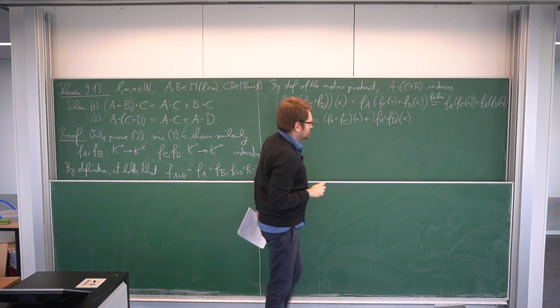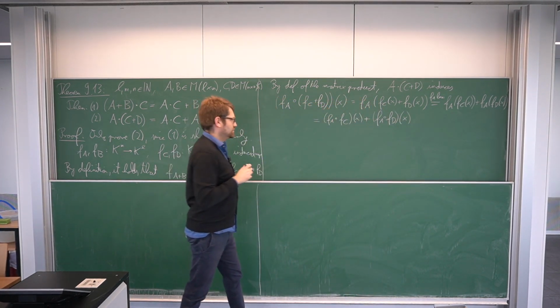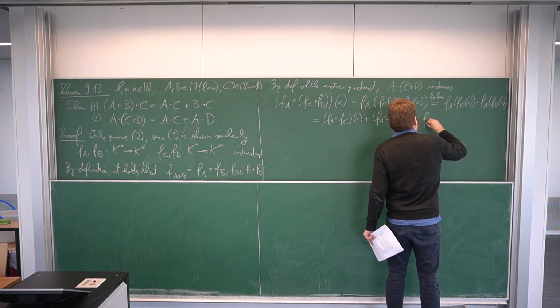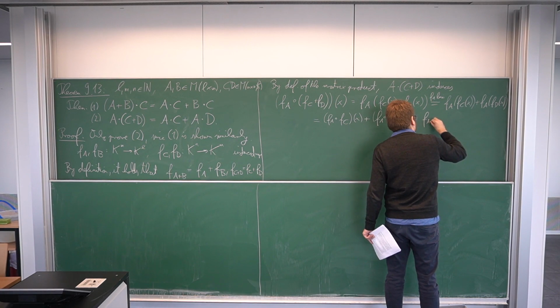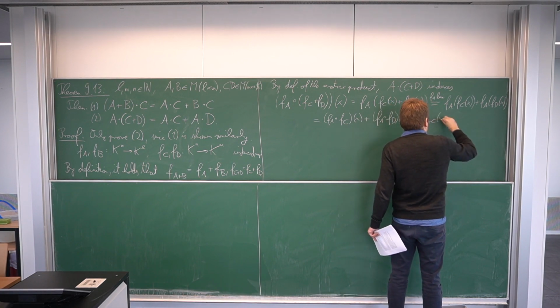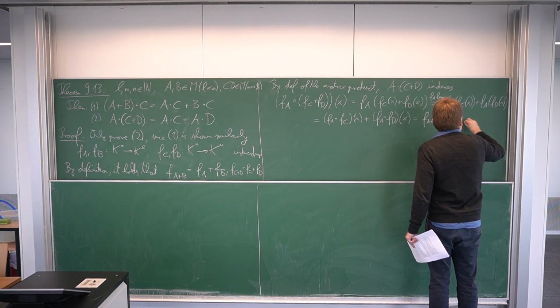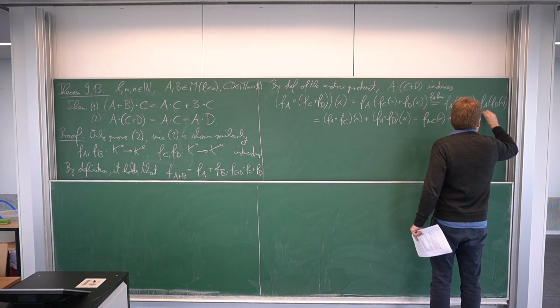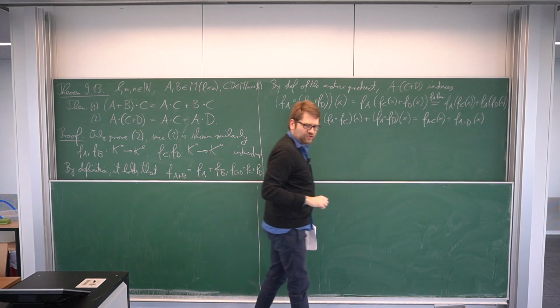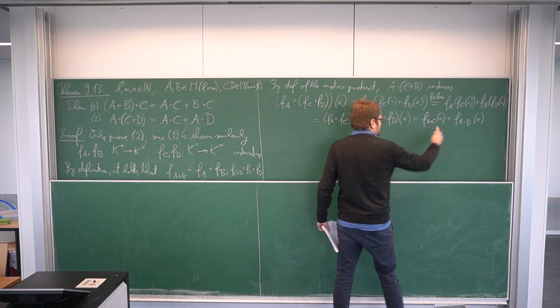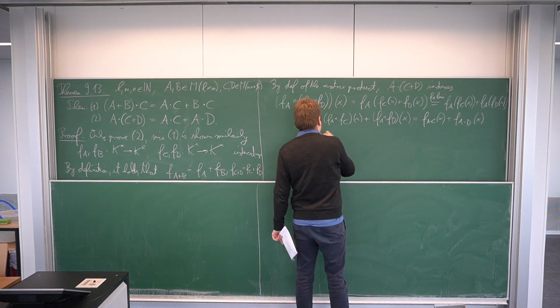And again, the compositions are induced by the products of the matrices. So as an induced map, I can write this first one as F of A times C of x, the map induced by A times C, and this is F of A times D of x. And we've just seen that summation is compatible with the matrices, so the sum of these two maps is induced by the sum of the matrices.